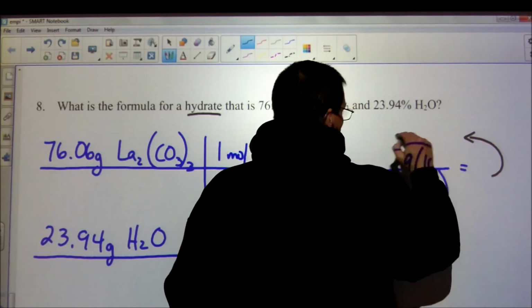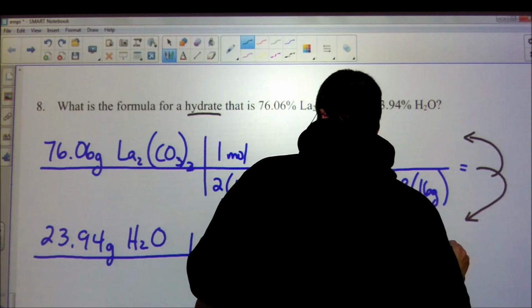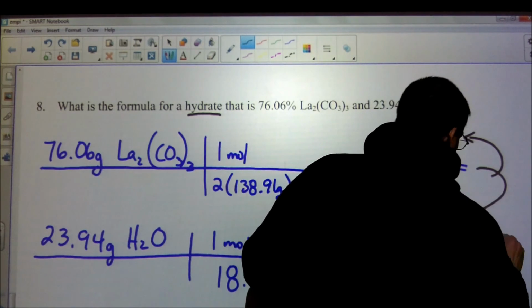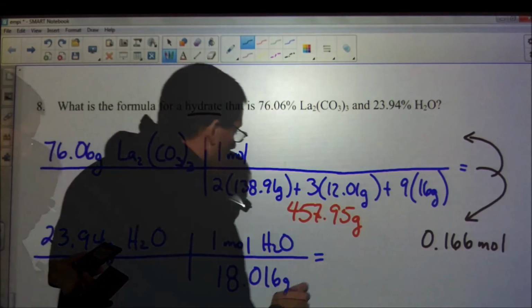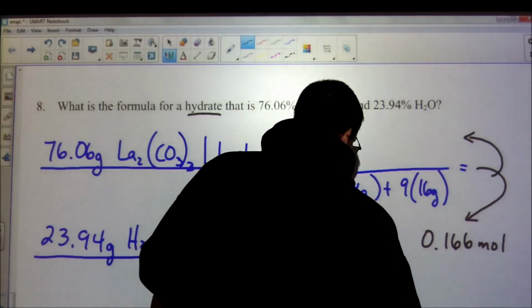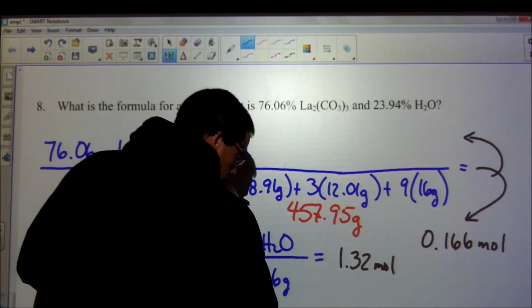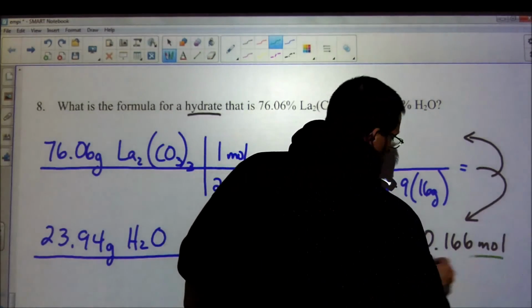So let's move it down here. So 0.166 moles. And the water, 2. Okay. So obviously the 0.166 moles is the smallest.